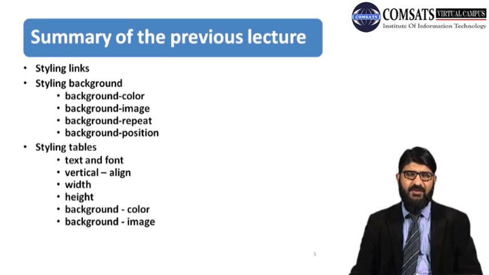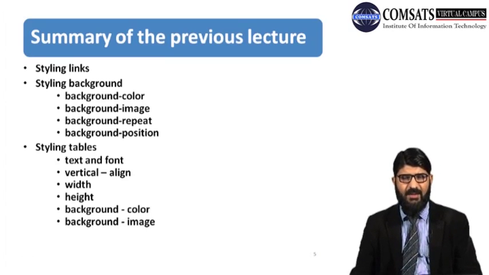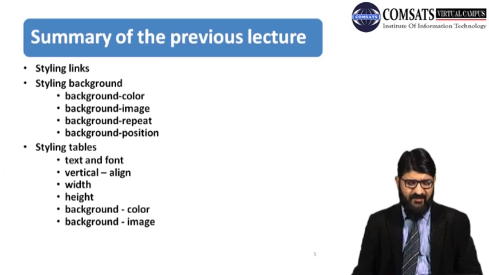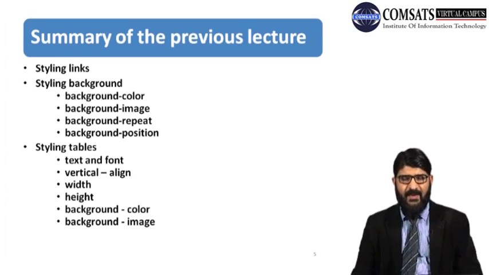After that, we have overviewed style linking. Hyperlinks or links can also be styled using cascading style sheets. And we have seen different sorts of styling for an active link, an unvisited link, or a visited link, and we also reviewed the color concept for link styling.